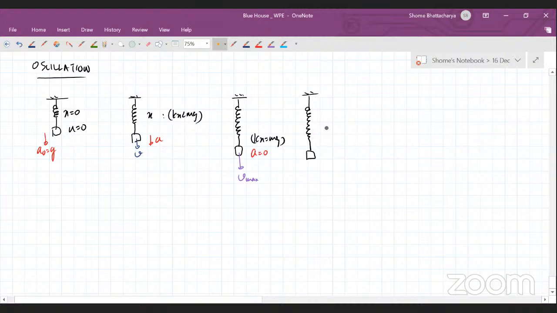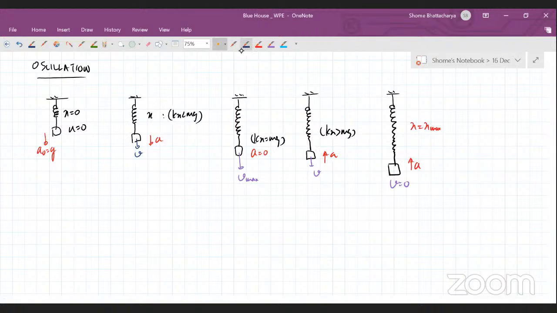So now what has happened? kx has become larger than mg. So it's decelerating even while it's going downwards. And decelerating, it reaches some kind of position where the speed becomes 0 for a moment. And at that point of time, your x is the maximum x.